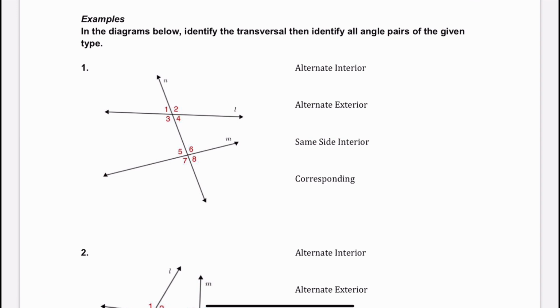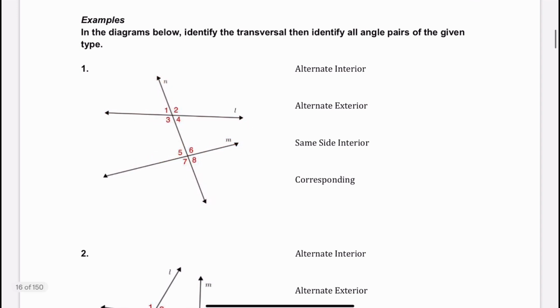Okay, so in the diagram below, we're going to identify the transversal. Our transversal is the line that goes through the two other lines, L and M. And then we're going to identify all angle pairs of the given type. So alternate interior angles.